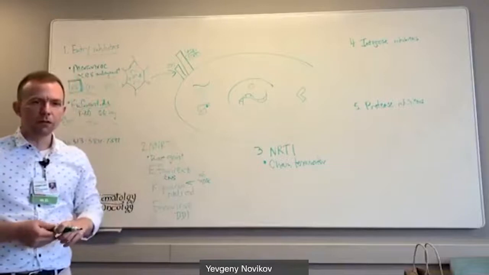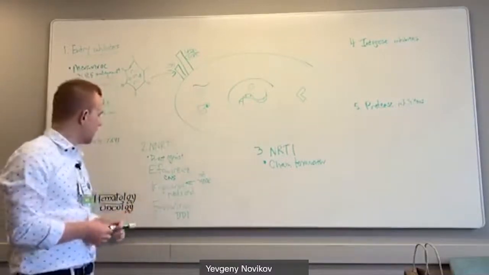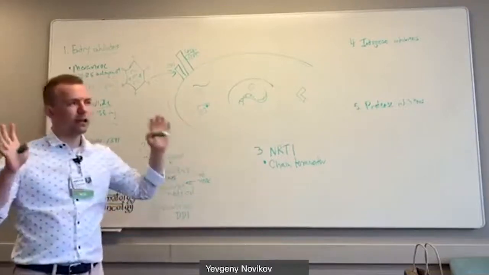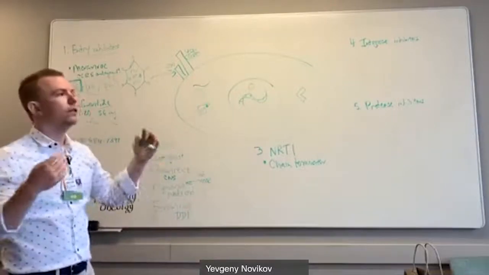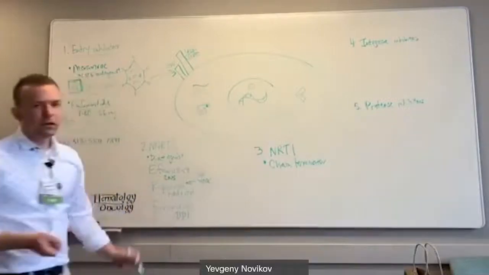I don't remember all of them. I just put them in Epic, and it tells me what it does to what. But anytime you see someone on etravirine, remember, think, oh my God, are they on anything important that I need to worry about, like Coumadin or Synthroid or yada yada. Boom. Isn't that easy?